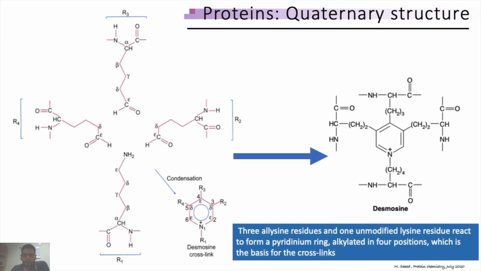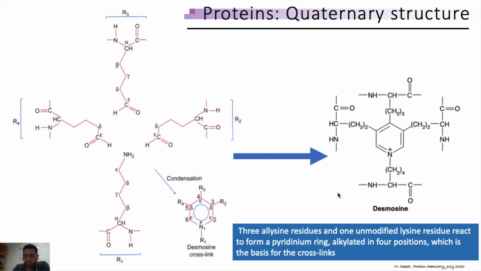Normally, at least two residues, one of which should be allysine and one normal lysine residue, are required to give rise to desmosine, but four lysine residues, three of which are allysine aldehyde residues and one normal lysine residue, join together to give rise to this pyridinium ring, and this pyridinium ring is the result of cross-linking of these four amino acids.